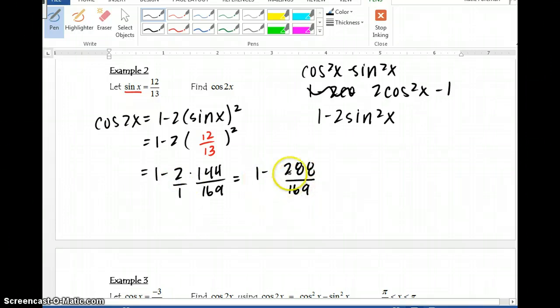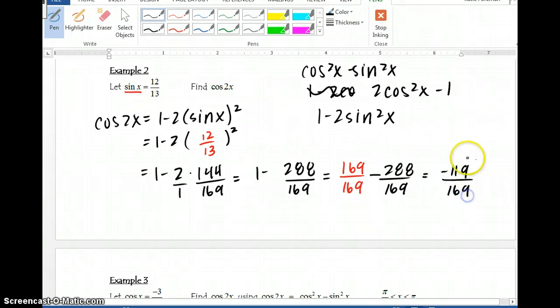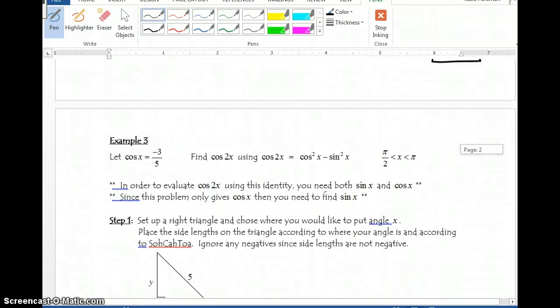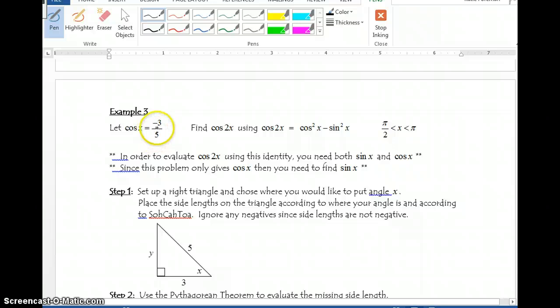Now in order to subtract fractions, we know we need a common denominator. Common denominator would be 169. So multiplying the first fraction by 169 over 169. And this gives us negative 119 over 169. So that would be our final answer. Now on some examples, we'll give you a piece of information and tell you which identity to use.